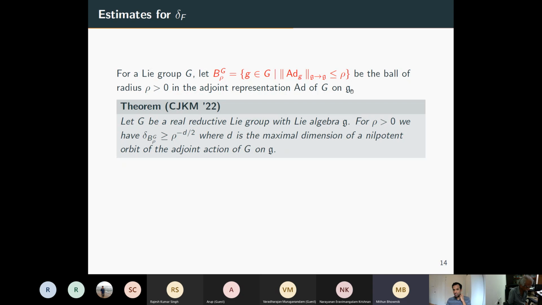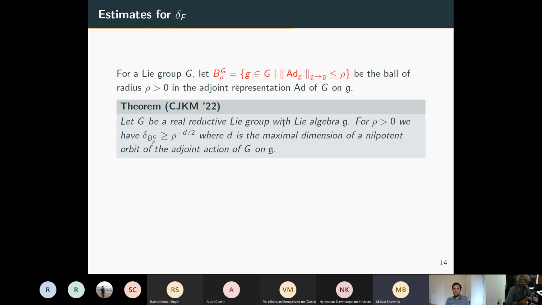Well, this makes sense because the Lie algebra has an associated invariant bilinear form, which lets you define a norm, which lets you talk about norms of linear operators on this.